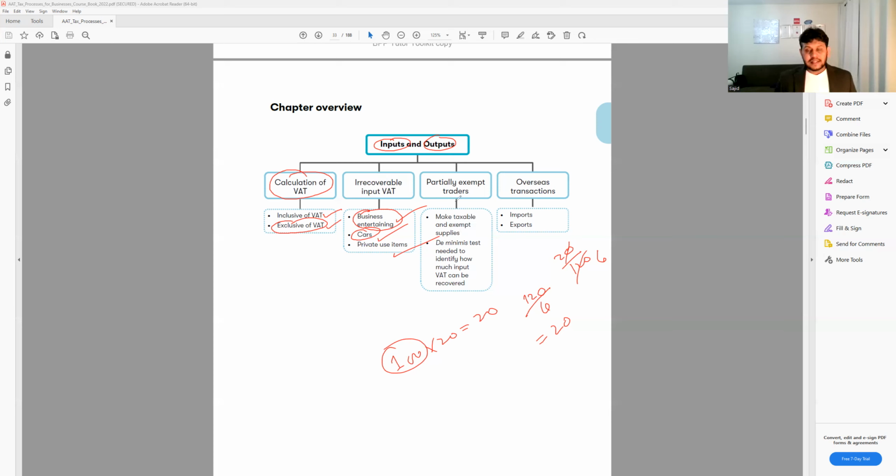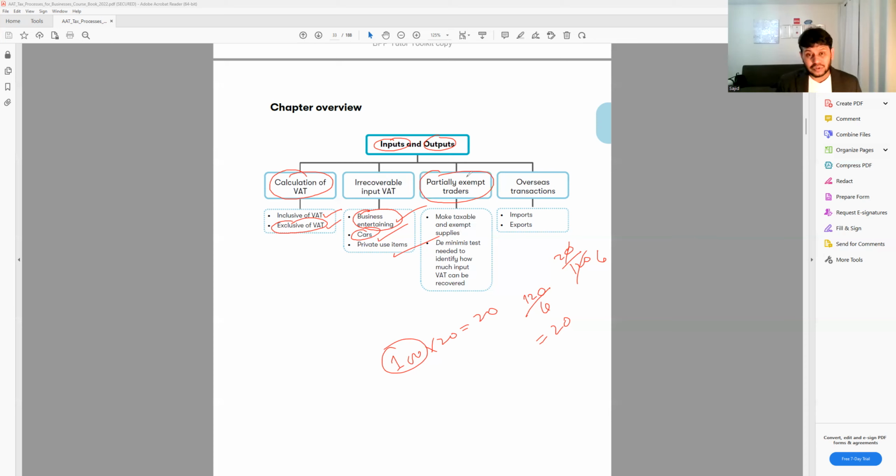All right, the next thing we have here is called partially exempt traders. Partially exempt traders is basically when a business not only supplies the standard product, but also supplies exempt supplies as well. So when you have a mixed supply, for example, some of your products are standard rated and some of your products or services are exempt supplies.